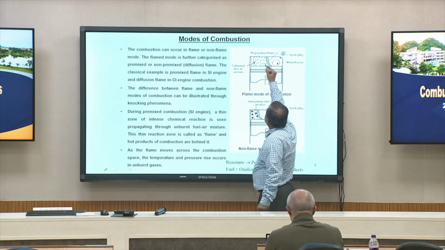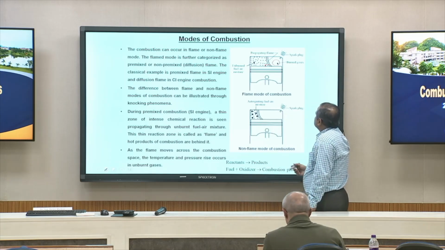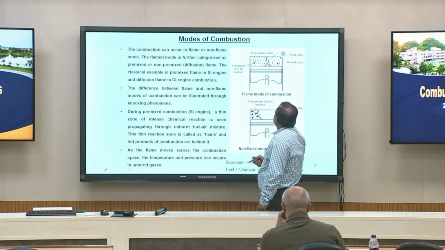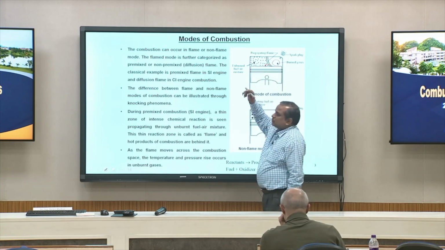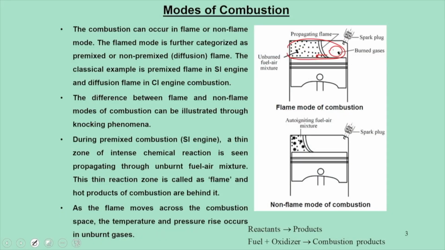Subsequently the flame moves in the direction of the unburnt fuel-air mixture, slowly converting all this unburnt charge into combustion products. So ideally, if this is the domain in which the flame has to move and propagate, then starting from initiation, by the time it reaches here, all the charge has to be burnt. This is how we do flame mode combustion.